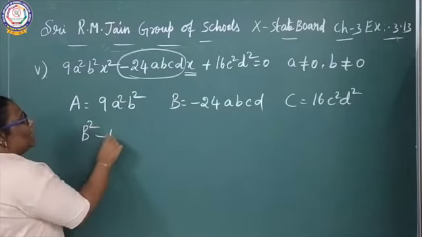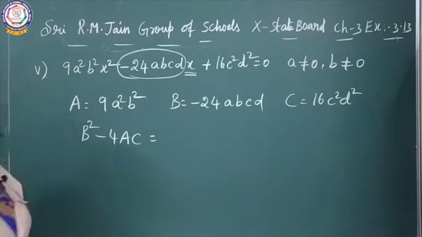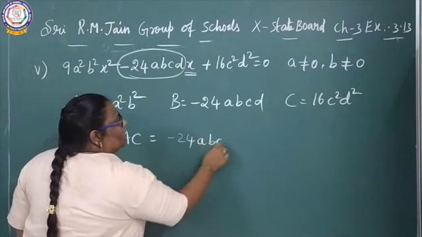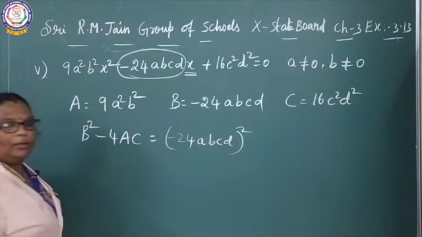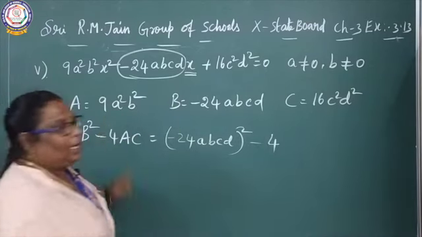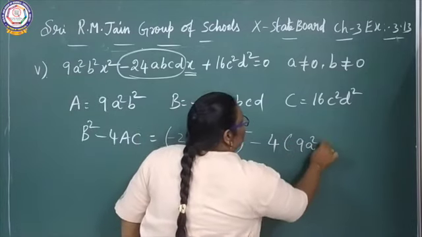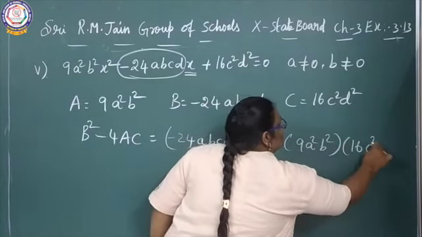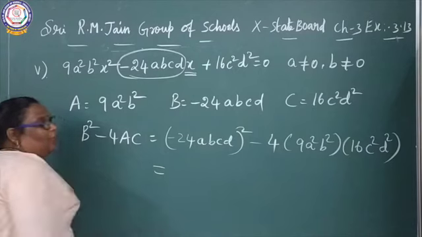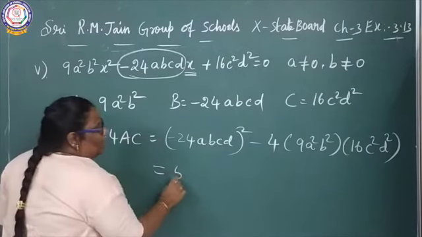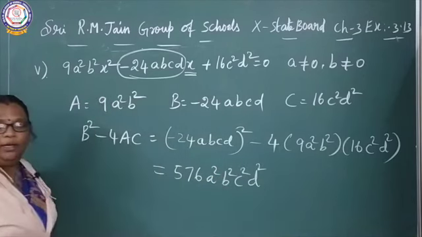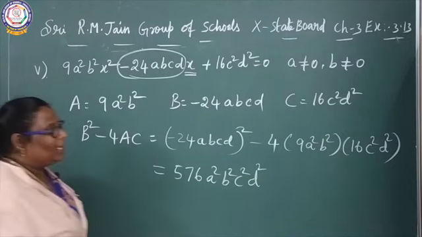b square minus 4ac equal to minus 24abcd the whole square minus 4 into what is the value of a? 9a square b square into c value, 16c square d square. 24 square is 576, so 576 a square b square c square d square minus 4 into 9 into 16 is 576 a square b square c square d square.